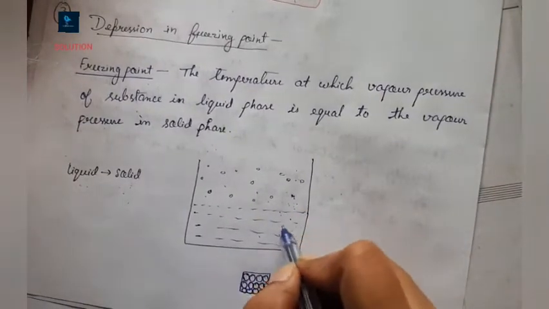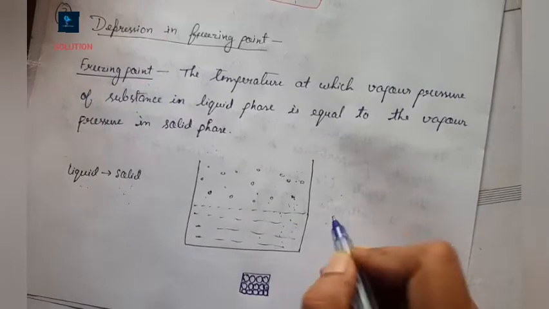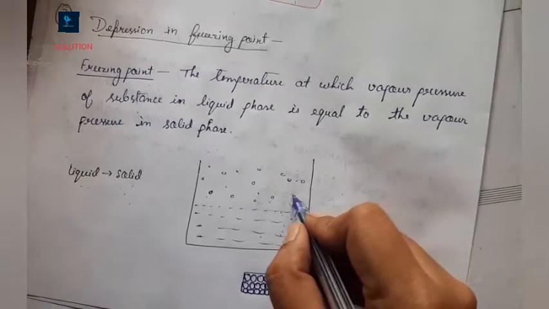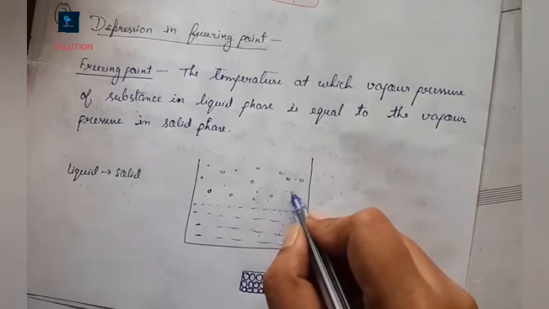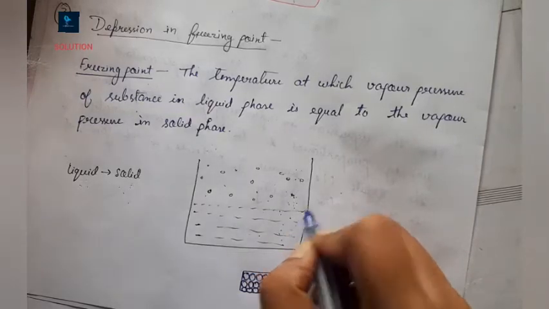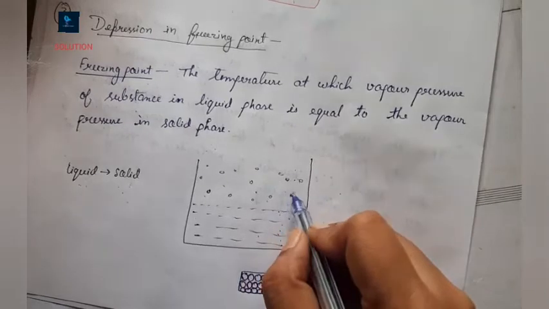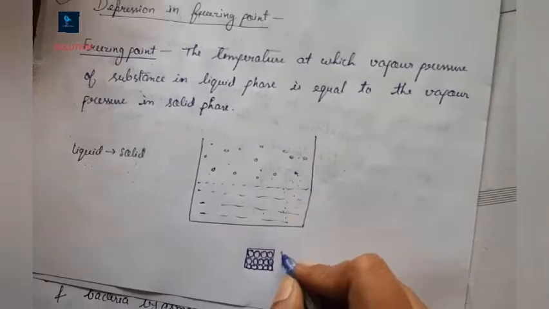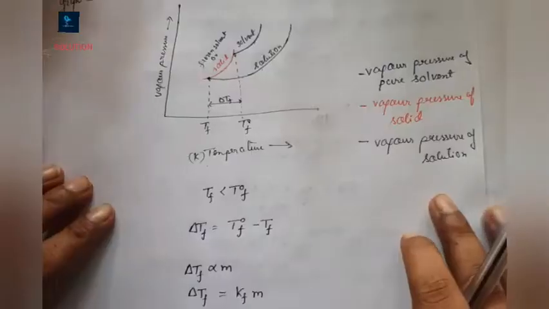To convert this liquid into the solid state or solid phase, you have to stop its motion. So when we decrease the temperature of this container, these molecules stop moving and come closer, and this converts into the solid phase.